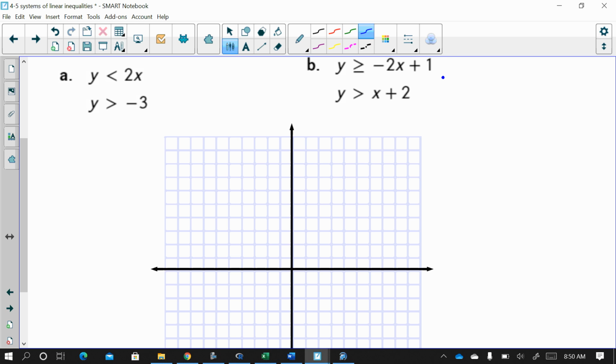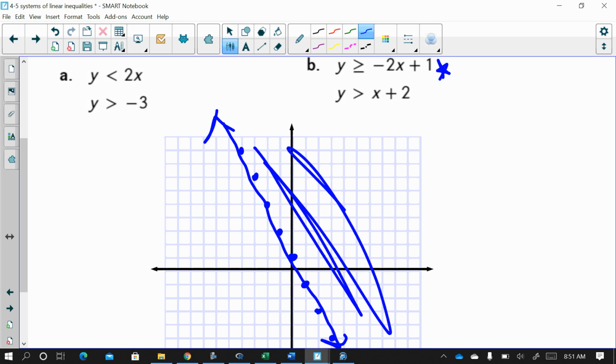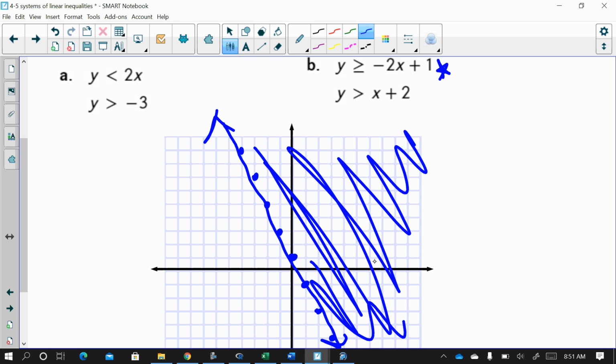Letter B. Start with this one. -2x plus 1. Here's plus 1. The slope is -2, so down 2, right 1, or I can go up 2, left 1. Solid or dashed? It's equal to, so we're going to have a solid line. I'm greater than, so I shade above. This one I'm going to do in red. x plus 2, so plus 2.